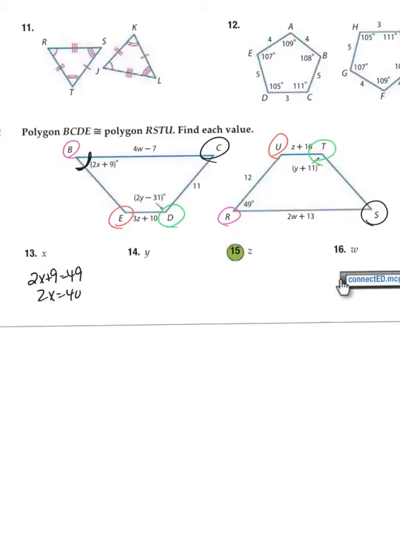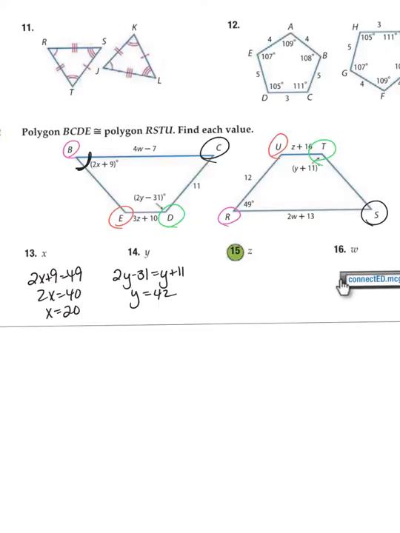So 2X is 40, or X is 20. Okay, we were able to handle that. Now let's look at the Y. Where do I see a Y? I see a Y at D. Angle D is 2Y minus 31. Now let's look over. D's matching T. T up there is Y plus 11, so those have to be equal. So Y equals 42.